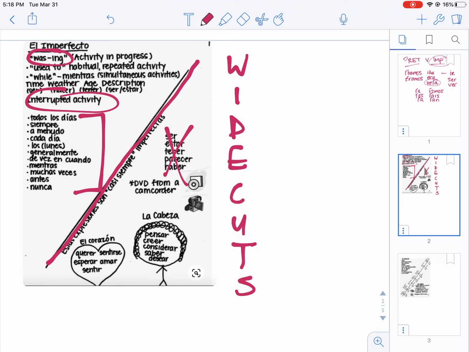The walking down the street is the imperfect because it's this ongoing action. D is description. E is emotions. C is continuous action. U is used to or repeated habitual action. T is time or temperature. And S is the state of things.